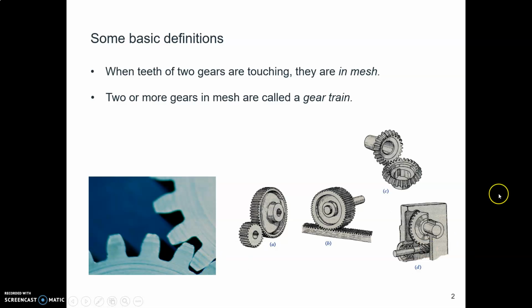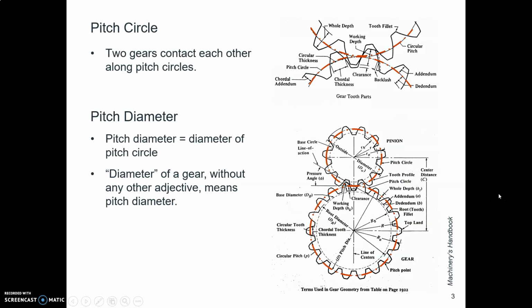And see that point where the teeth touch each other? That's the pitch point. The pitch circle is an equal distance from the center on each tooth, and the diameter of that pitch circle is called the pitch diameter. That's the point where the mating teeth touch.